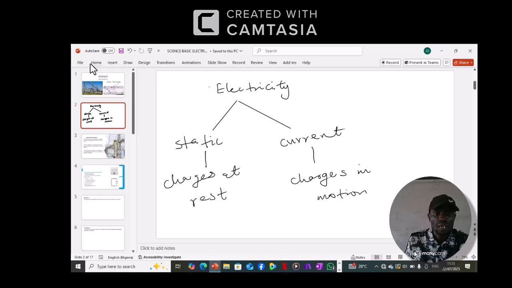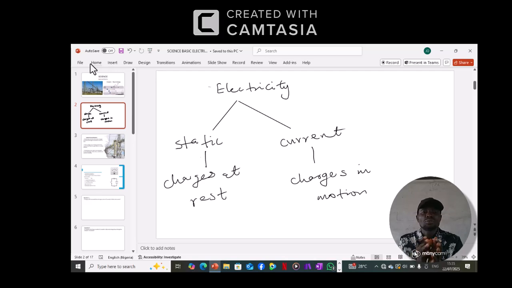And I want to believe that you have been taught methods of production of charges. That is by friction. That is when you rub two materials together, charges are produced. When we're talking about charges, we're talking about electrons. So electrons transfer from one body to the other. In atomic structure, we have equal number of electrons and protons.